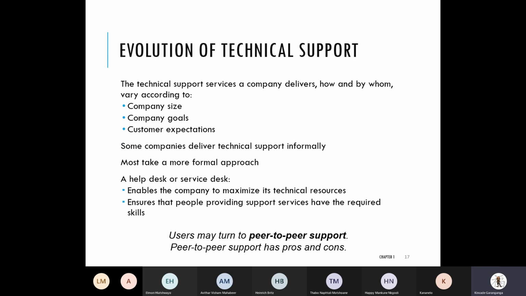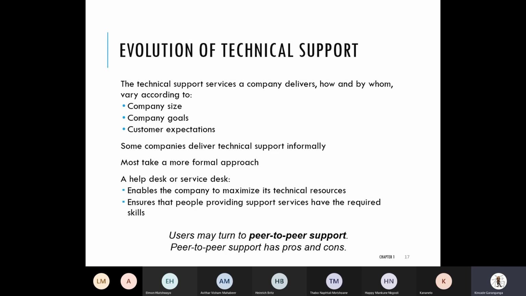And again, when you're looking at the whole concept of this evolution, it's important to realize that services within your company environments look at varying size as far as how or who is affected in that regard.